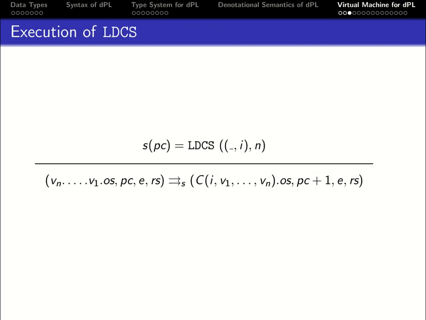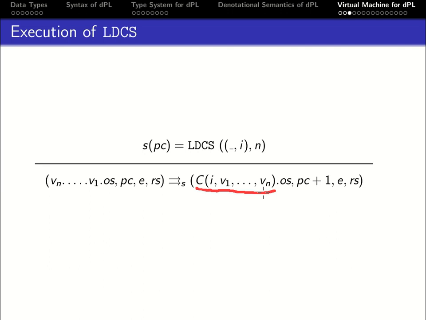All right. So, how do we execute this instruction? Well, we have to represent somehow this value, which is the constructed data. We have to say somehow that that's the data.